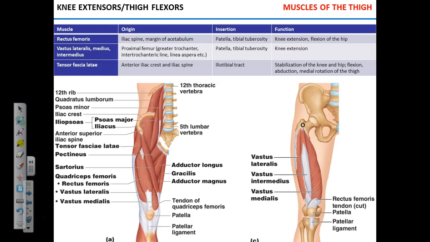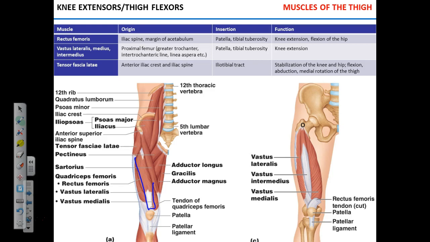Okay. Knee extensors. Now, this is kind of tricky. Muscles that flex the thigh at the same time extend the knee. So they have kind of a double function. Does that make sense? Now, it's a group of muscles that we call quadriceps. The first very noticeable muscle is rectus femoris.